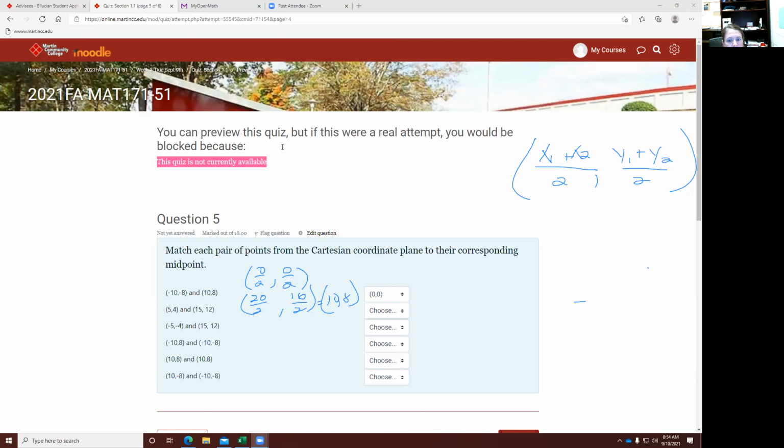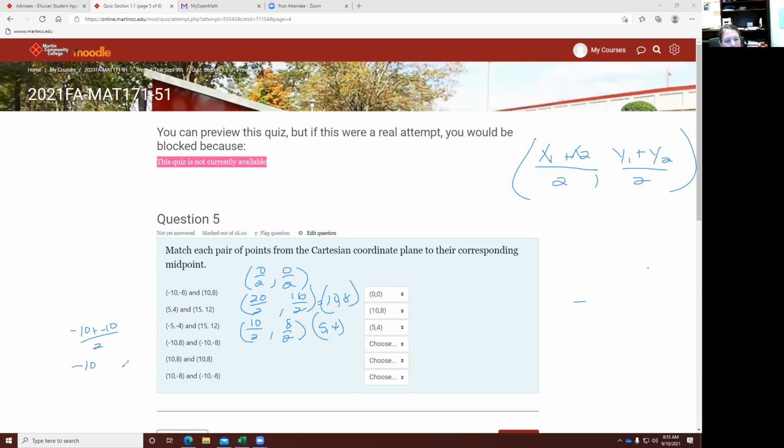There really was no reason for you guys to miss these because these are really simple questions. All right, negative 5 plus 15 is going to be 10. And negative 4 plus 12 is going to be 8. It's going to be (5, 4). All right, negative 10 plus negative 10 is going to be negative 20.